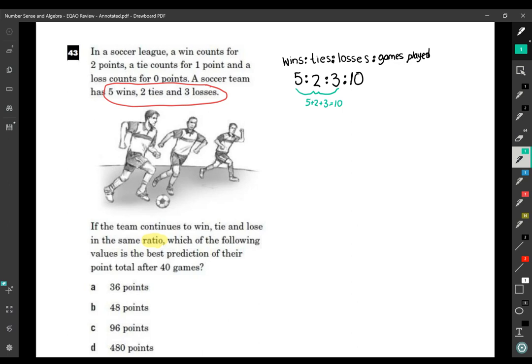All right, now we want to know, if the team continues to win, tie, and lose in the same ratio, keeping the relationships between the numbers constant, how many wins, ties, and losses they would have if they played 40 games.